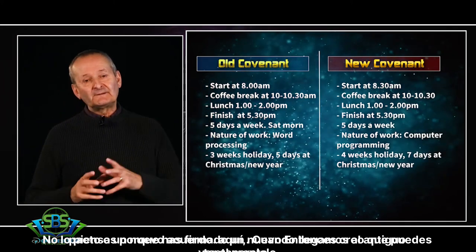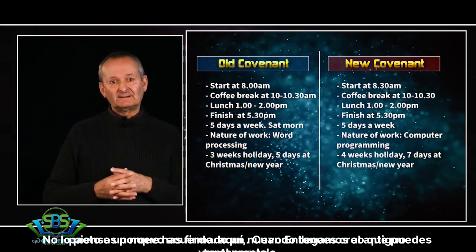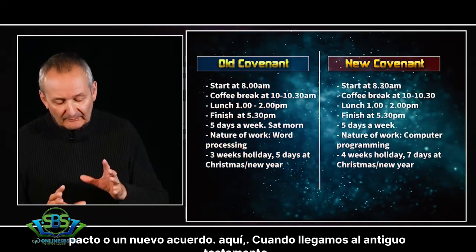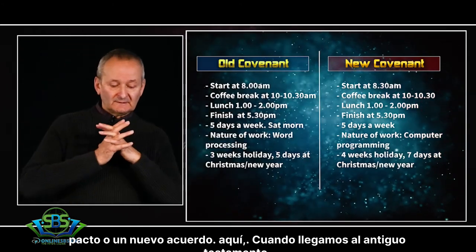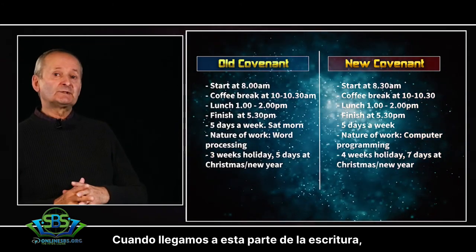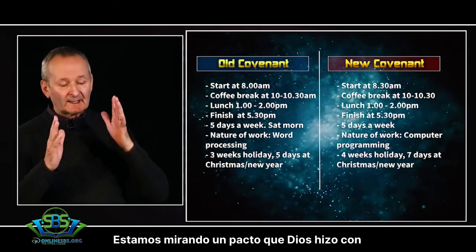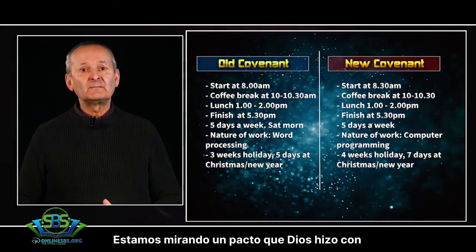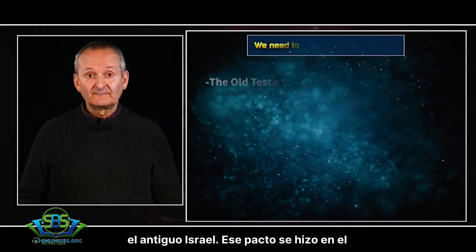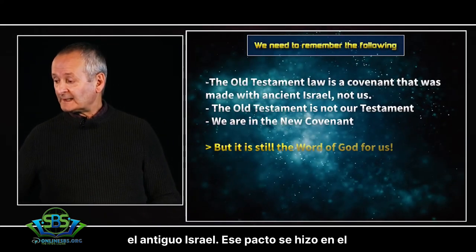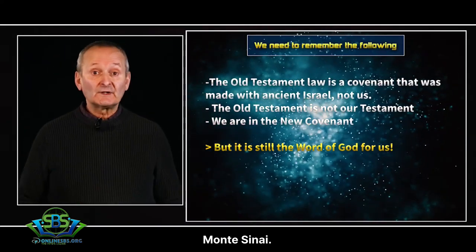And so I think you can see the parallel here. When we come to the Old Testament, when we come to this portion of Scripture, we are looking at a covenant that God made with ancient Israel. That covenant was made at Mount Sinai.